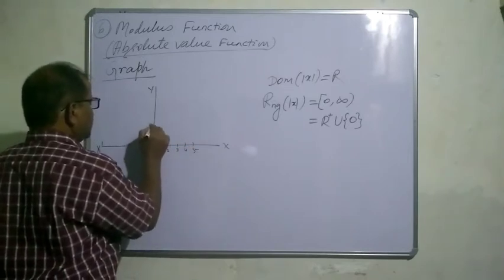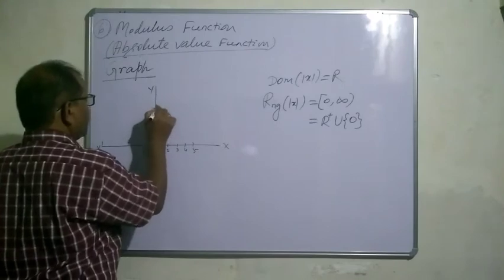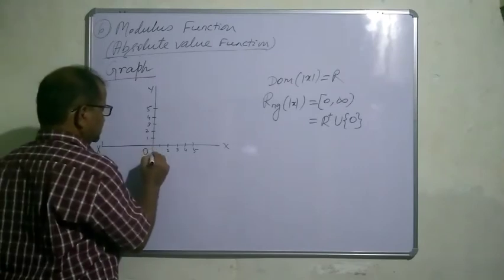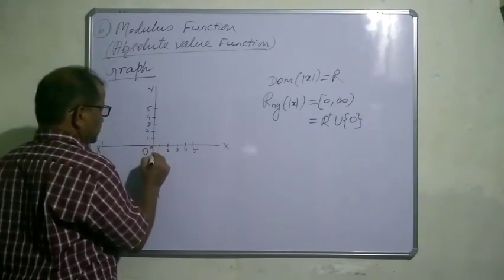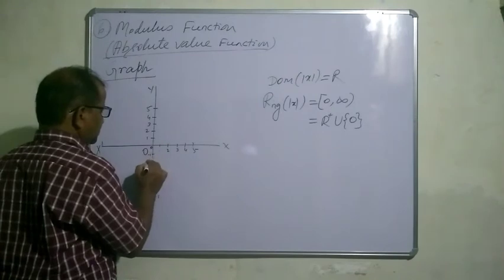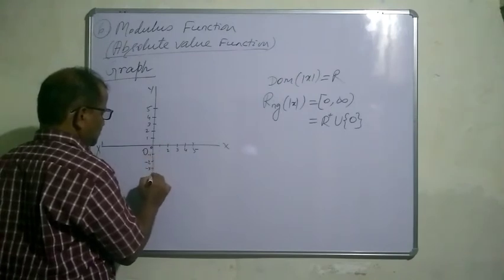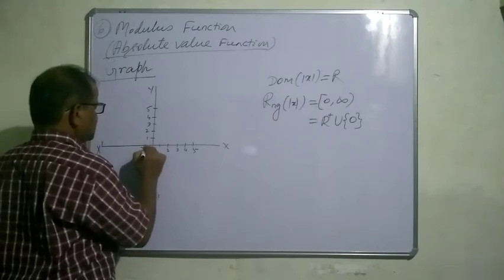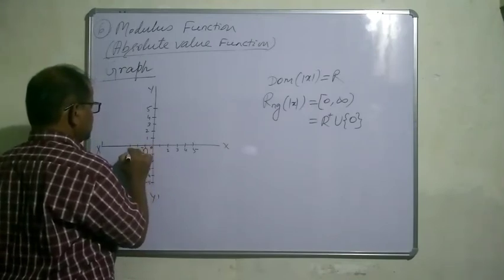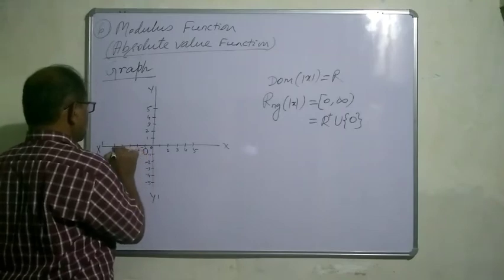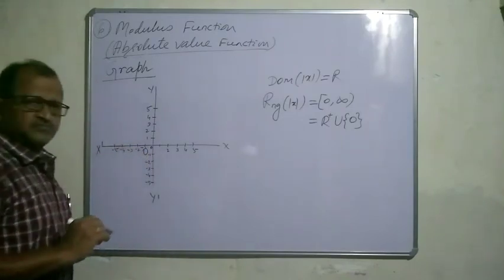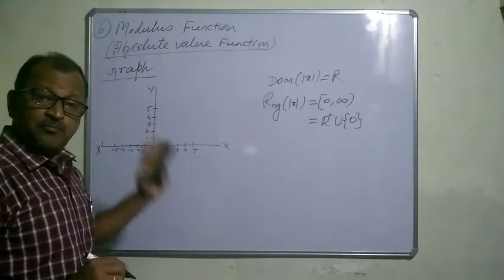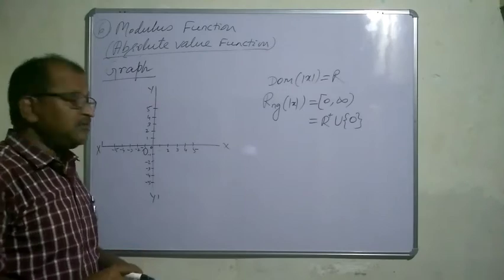We'll take equal intervals. It is 0, minus 1, minus 2, minus 3, minus 4, minus 5, like this. This is your coordinate plane.